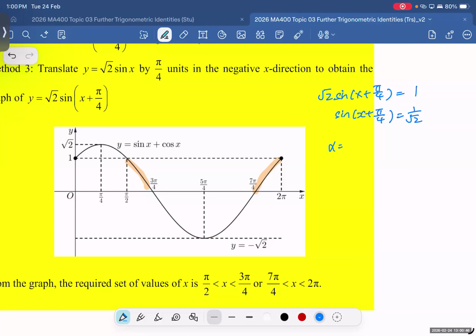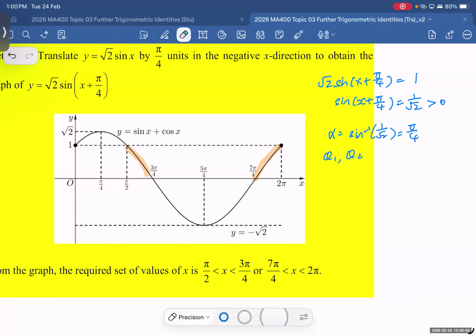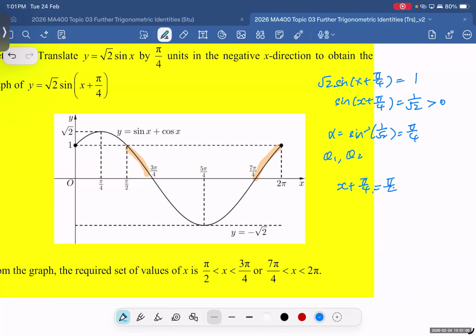Alpha is sine inverse of 1 over square root 2, which is pi over 4. Positive, right? That would be quadrant 1, quadrant 2. So x plus pi over 4 will be in quadrant 1 or quadrant 2.